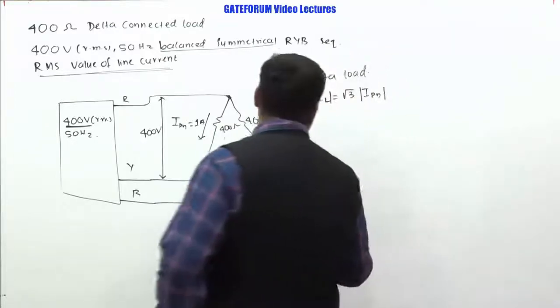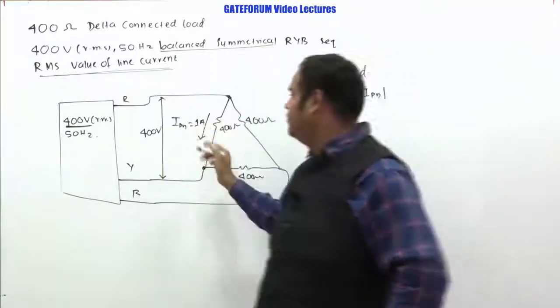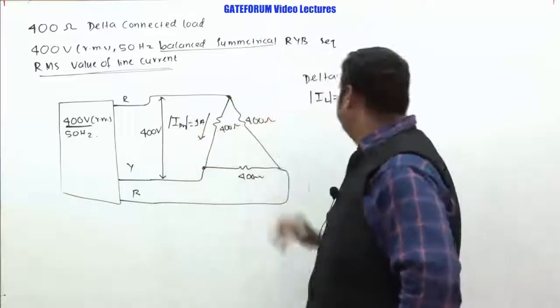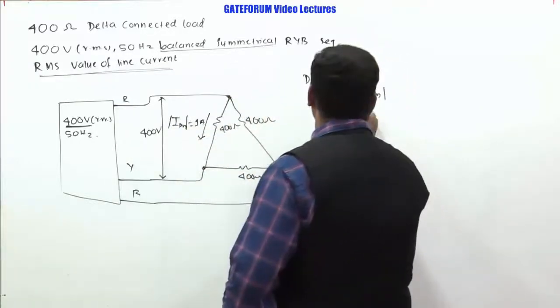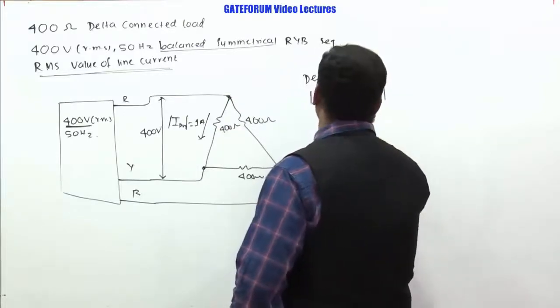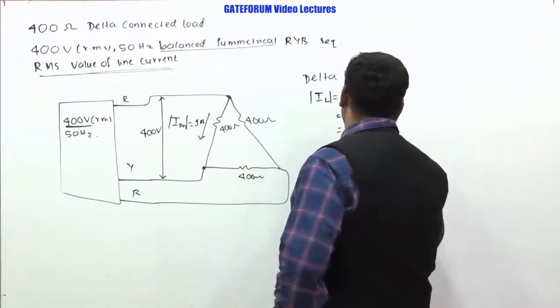Here the phase current magnitude is 1. Don't forget I am just writing the magnitude. If you want to be strict, you should use the proper notation, but we are not interested in phase. So this will be root 3 into I phase magnitude, which is 1. So this is root 3. And what is the root 3 value? Obviously it is 1.73 ampere.